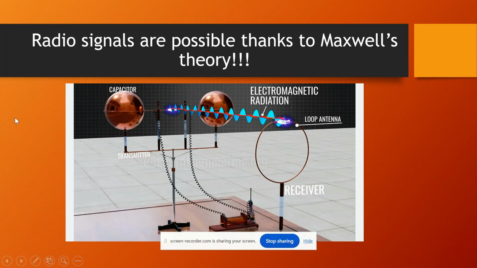It's called resonance. Resonance because we need to arrange this internal circuit of our radio such that it generates a resonant effect in order to amplify the signal which is coming from the radio station. Other applications of the electromagnetic waves are X-rays.